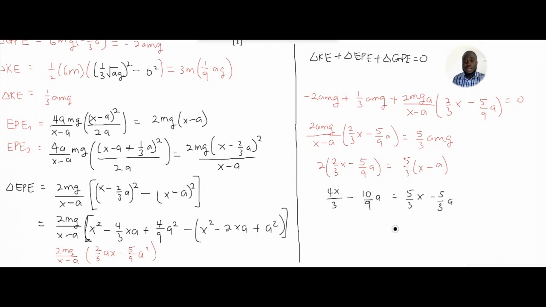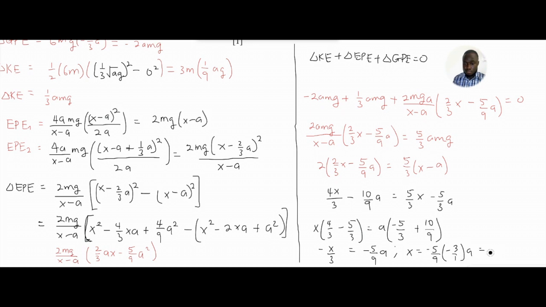Now let us group like terms and solve for x in terms of a as we need to. So x is equal to 5 over 3 times a. And this is the relationship between x and a as requested.